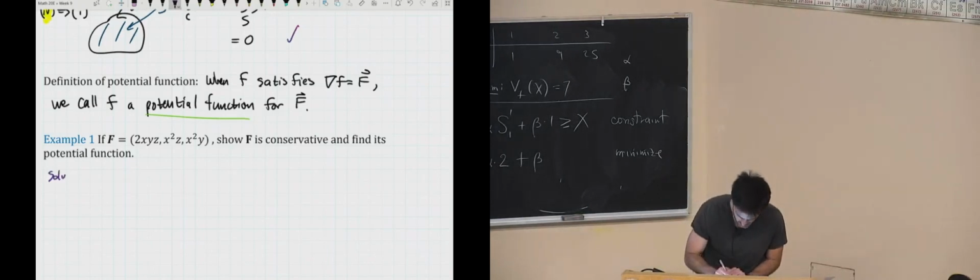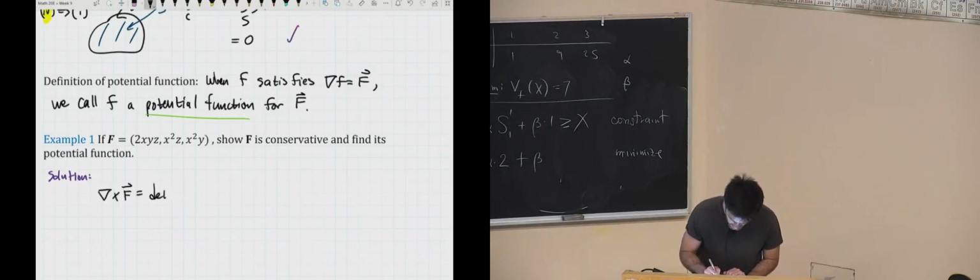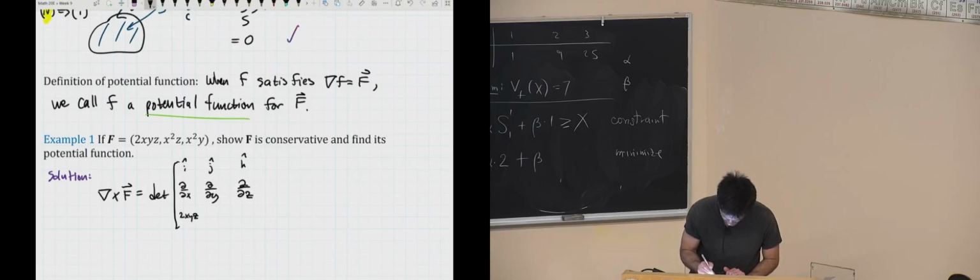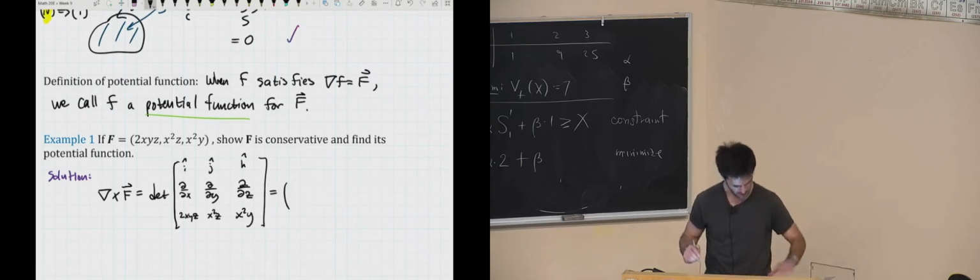So solution, the curl of this function, okay. So you can work this out.